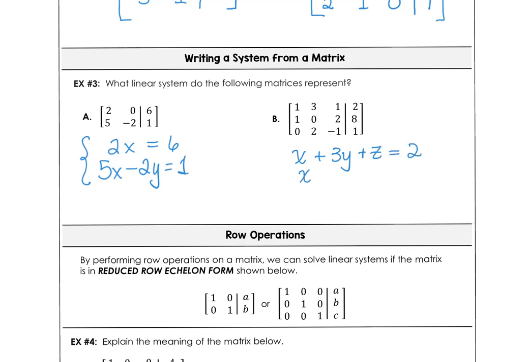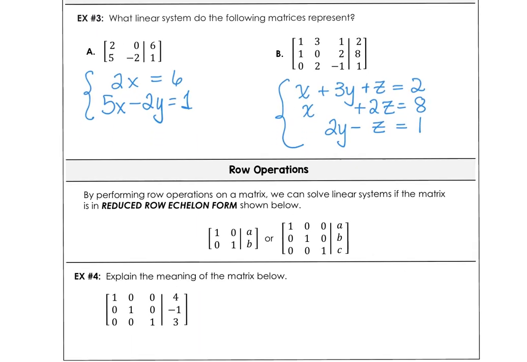We have x plus 2z equals 8. And then finally, for the third equation, we have 2y minus z equals 1. So a system with 3 equations, 3 unknowns.